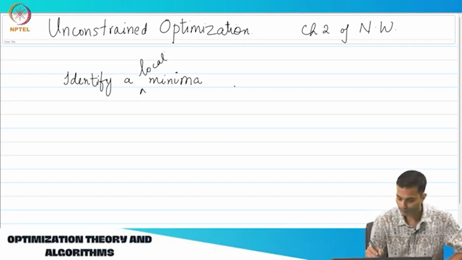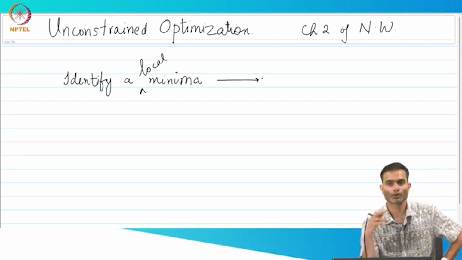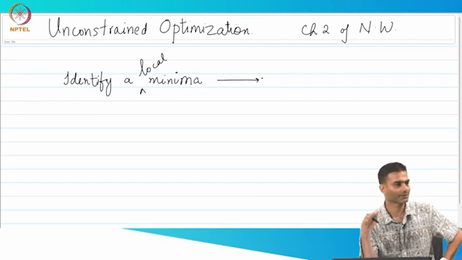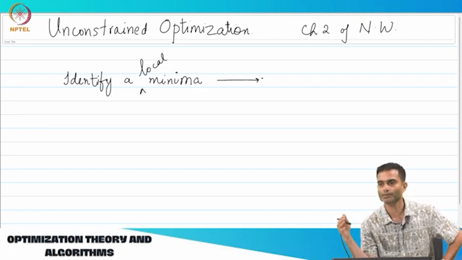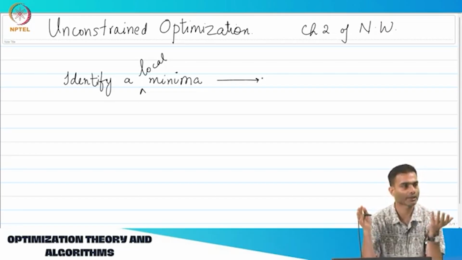So we want to look at tests for this. Okay. And we're going to talk about two different types of tests depending on how differentiable the function is. So the building block for this is multivariate Taylor's theorem.